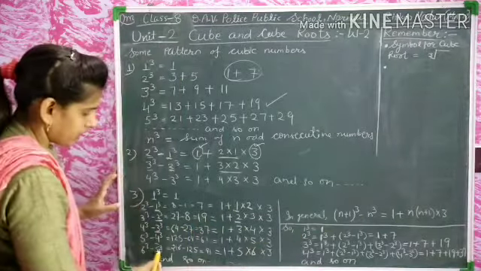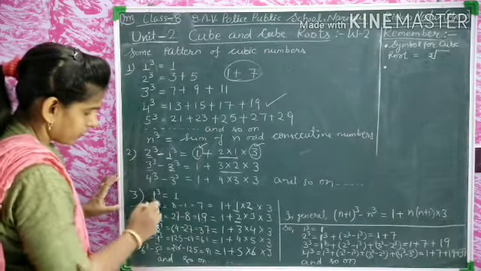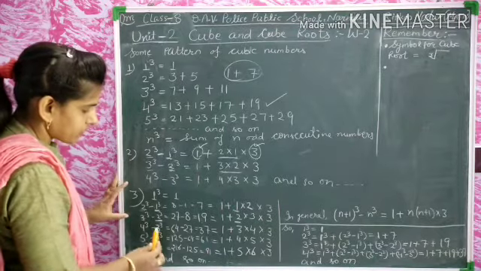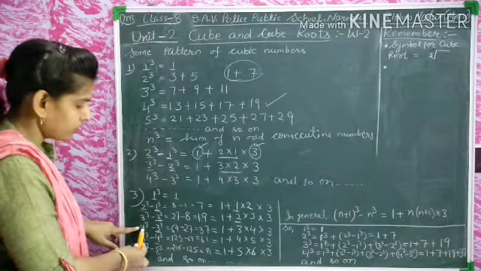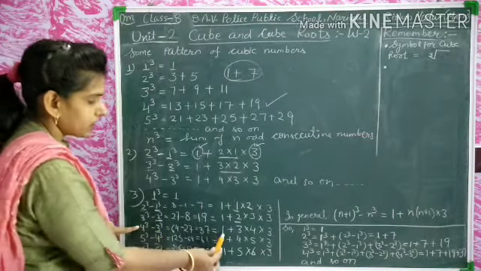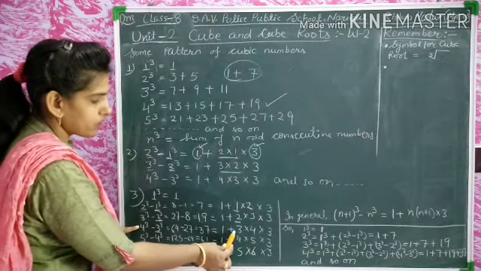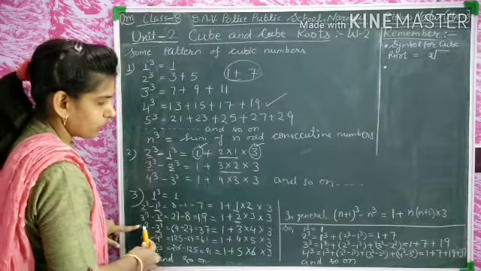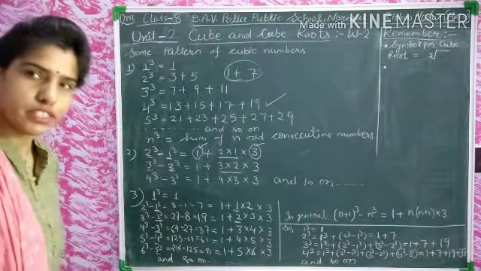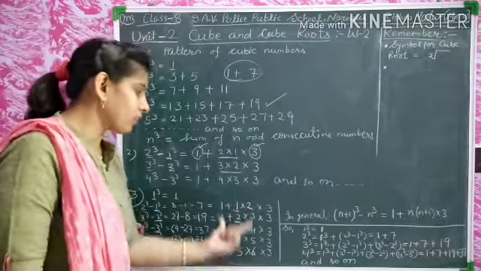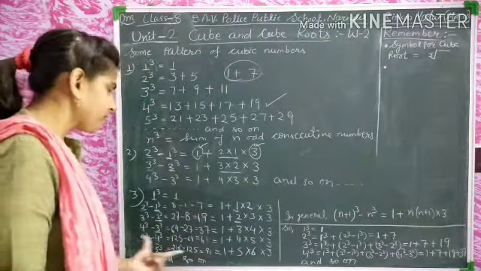This is the n here, n plus 1. If n is equal to 3, n plus 1 is 4. 4 cube minus 3 cube is equal to 1 plus 3 into 4 into 3. We will get this number. Is it clear, students? We will get all the numbers from this method.